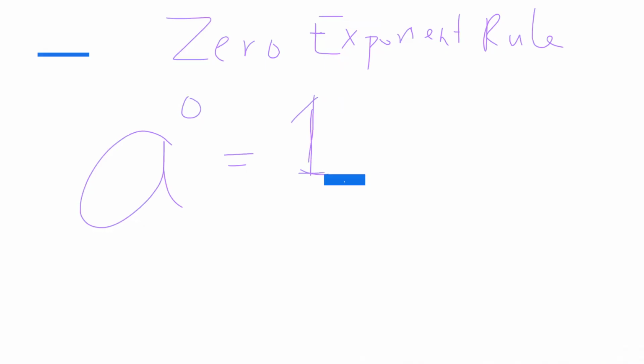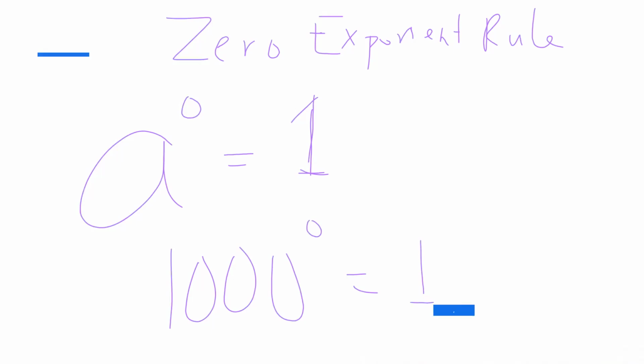So any number to the power zero is 1. And this is called the zero exponent rule.